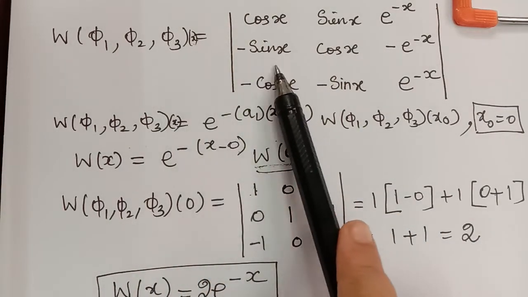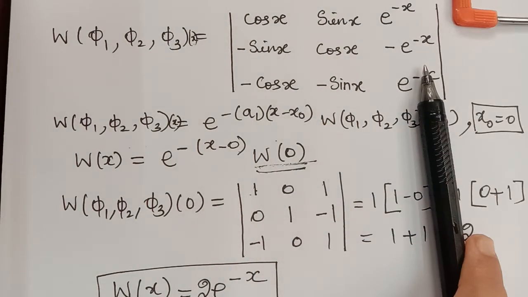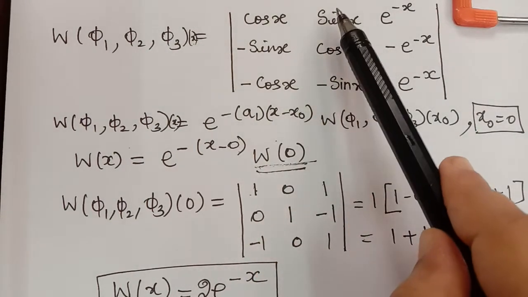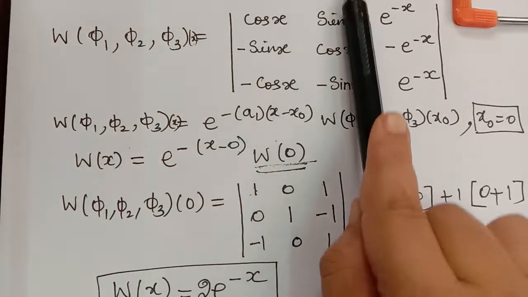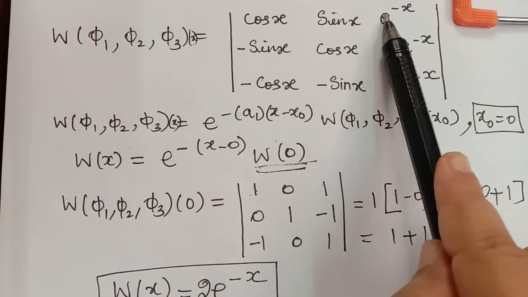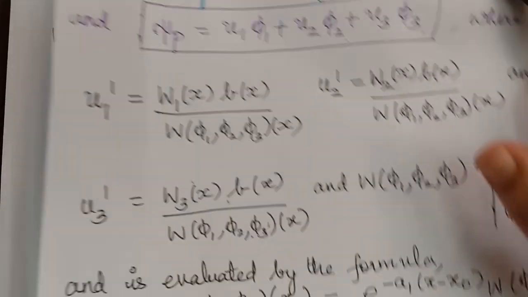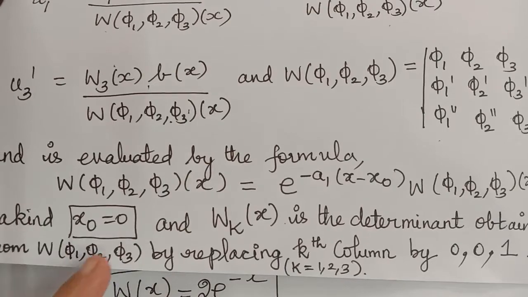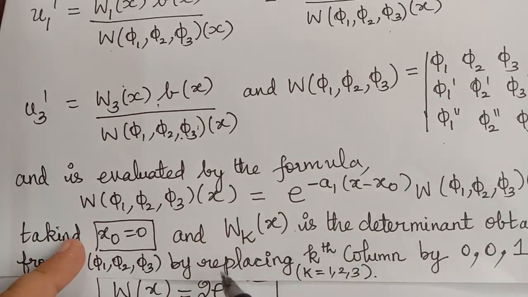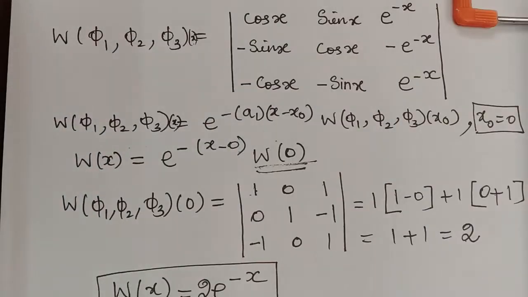If we want to find w2, these two columns will remain the same, and this column alone we have to change as 0, 0, 1. And if we want to find w3, these two will remain the same, and this will change as 0, 0, 1. This one I have told you while giving an introduction about this problem. So if you would have listened carefully, you can understand it now. So let us do that now.